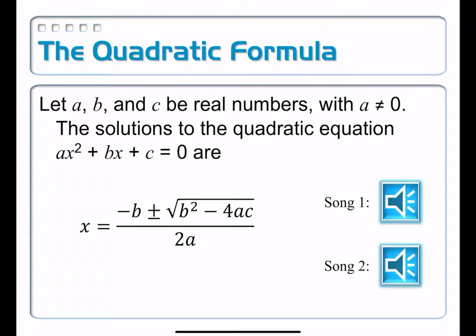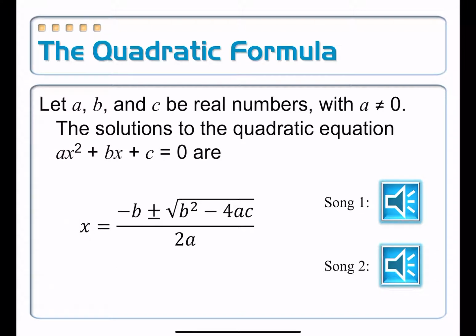Okay, so we got a, b, and c real numbers. a is not 0, because if it was, then it's not quadratic. Solutions to the quadratic equation ax squared plus bx plus c equals 0 are, and then we have the quadratic formula. Notice that it is in compact form, 2 different answers, because quadratics, that's what we're expecting.